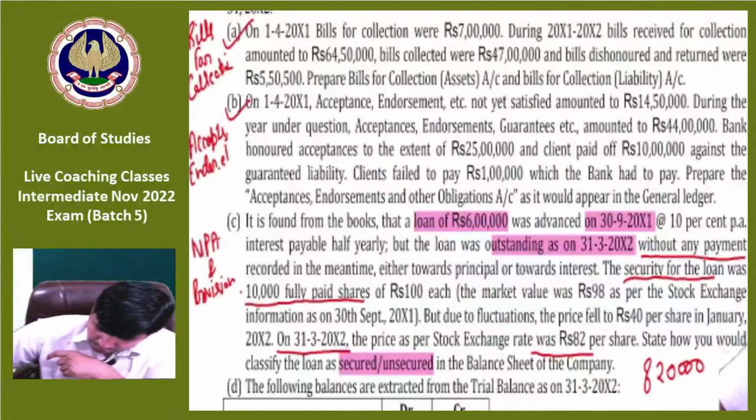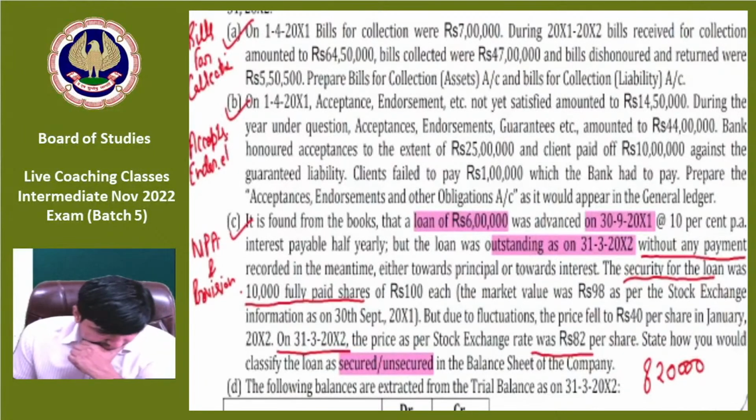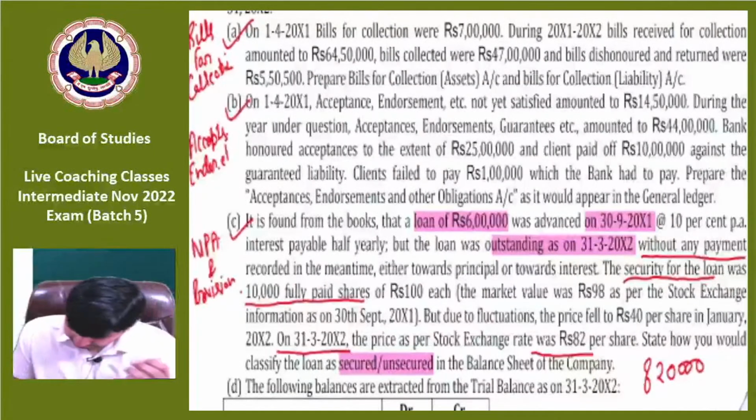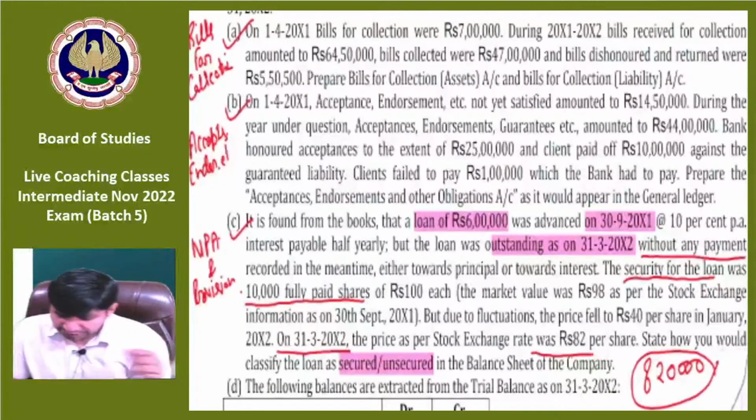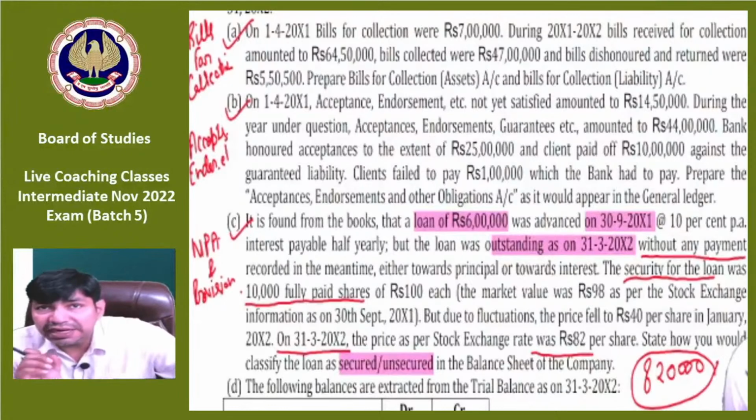See, how much is the amount outstanding? 6 lakh. Okay, beta. Plus interest. 6 lakh. And how much is the security amount? 8 lakh 20,000. That is able to cover all the things. It means that is secured.